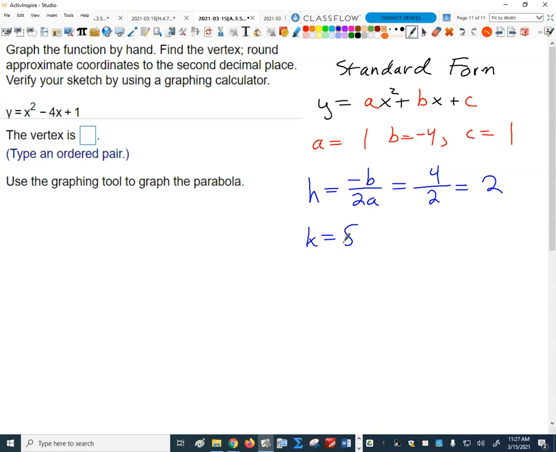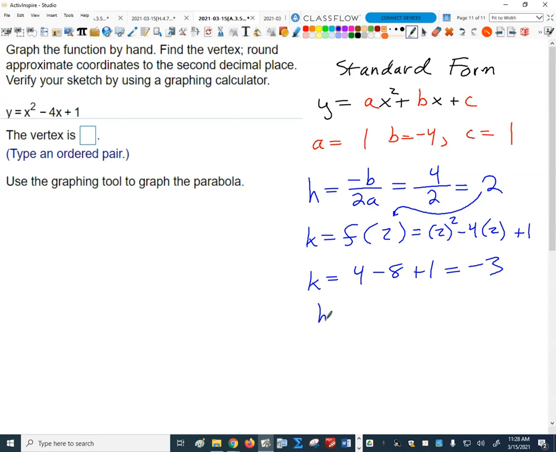So k equals f of h, which in this case is 2. So what's that give me? If I plug that into my function, I'm going to get 2 squared minus 4 times 2 plus 1 if I'm plugging 2 in for my x's. So k equals 4 minus 8 plus 1, that's all -3.